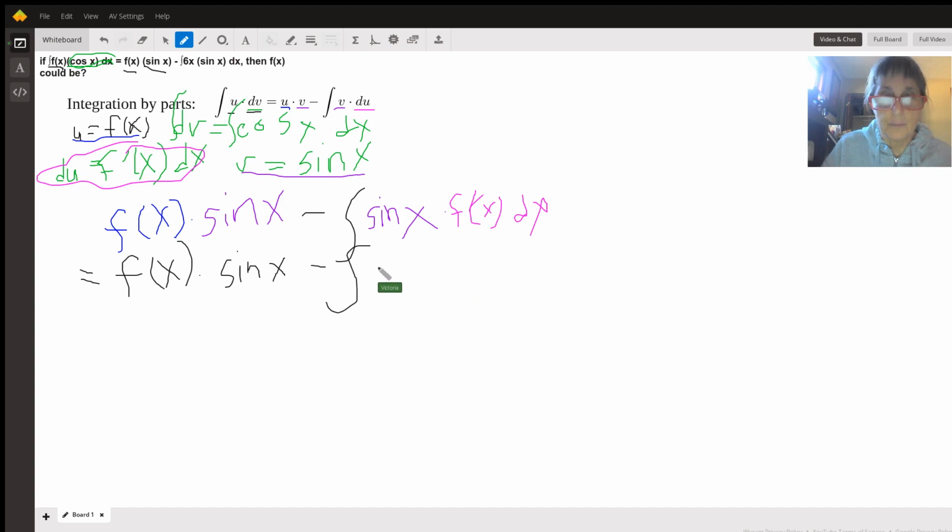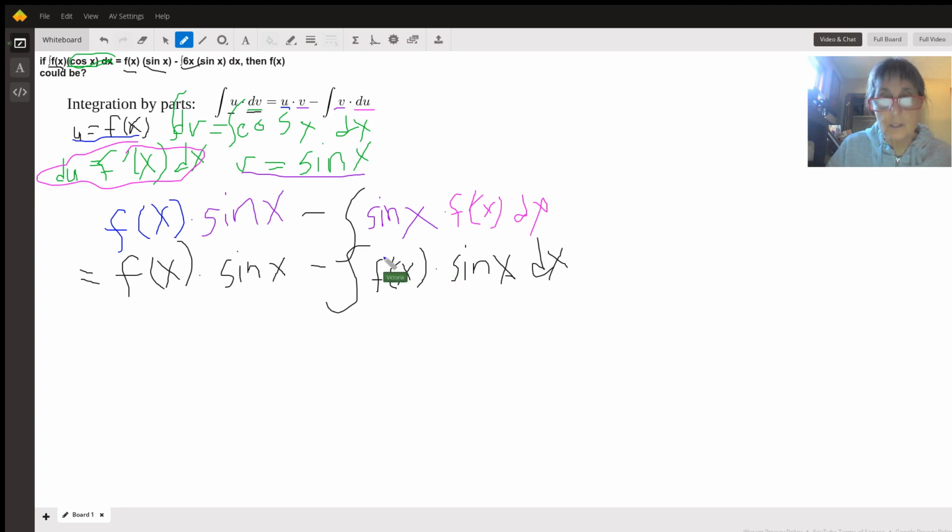So they're putting f prime of x first, then the sine of x, that's this, then the sine of x dx.